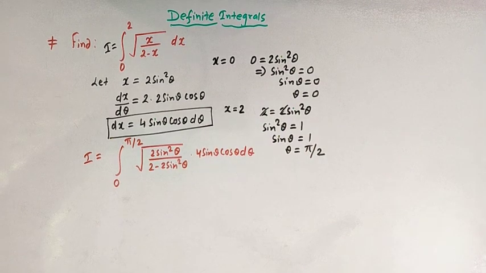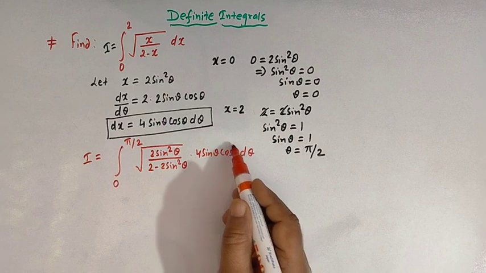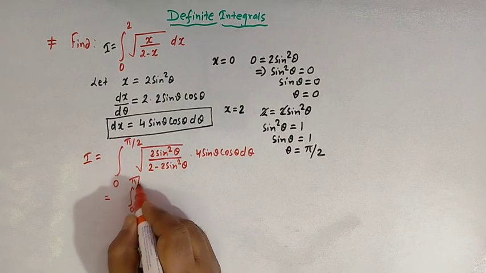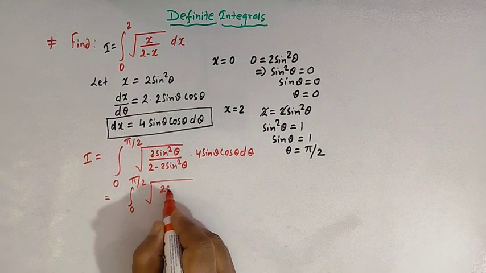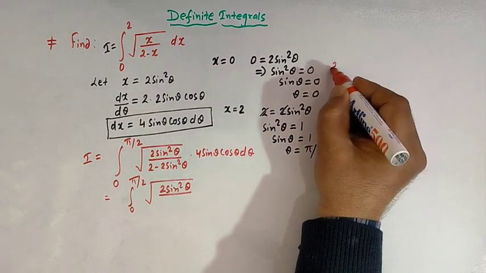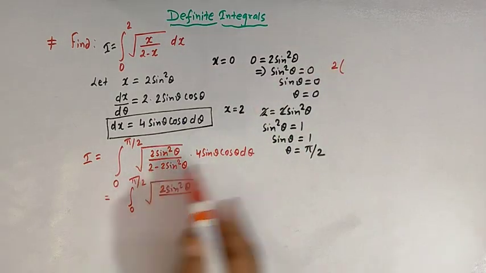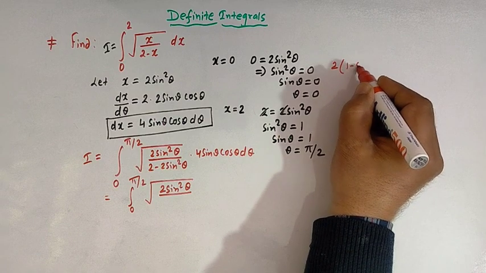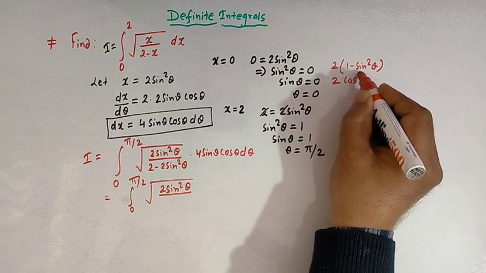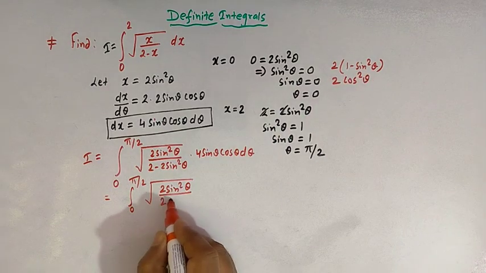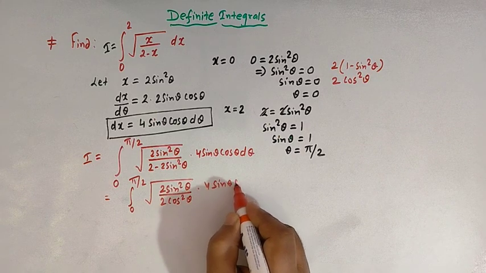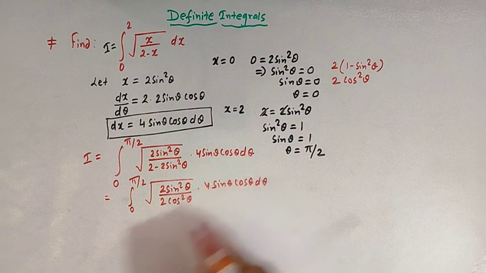Now let us simplify this integrand. We have 0 to pi by 2, 2 sine square theta, and in the denominator, if we take 2 common, we have 2 times 1 minus sine square theta, and 1 minus sine square theta is cos square theta. So here we have 2 cos square theta, and this is 4 sine theta cos theta d theta.